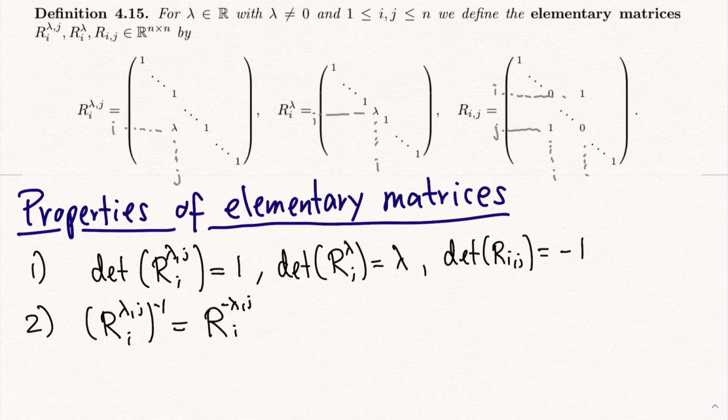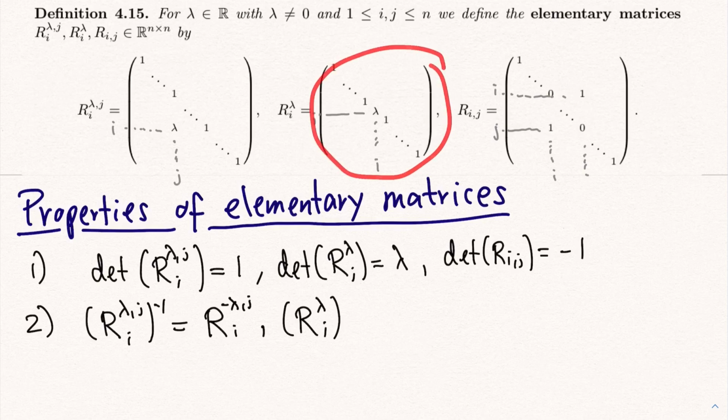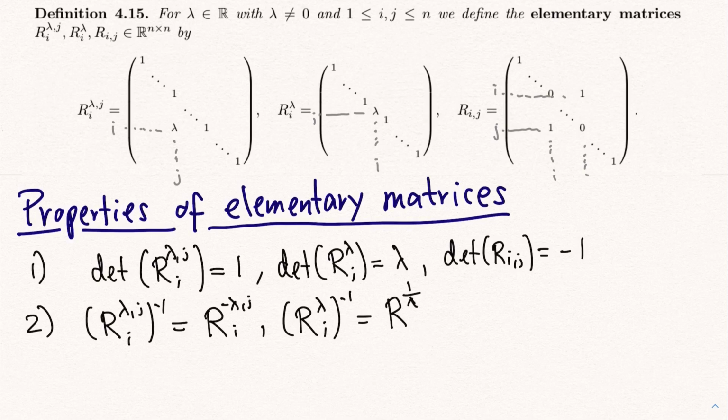And similarly, for the inverse of this matrix, what matrix do I multiply with this to get the identity matrix? You see that if, instead of taking lambda on the diagonal, I take 1 over lambda, then this gives the identity matrix. So this is 1 over lambda I.